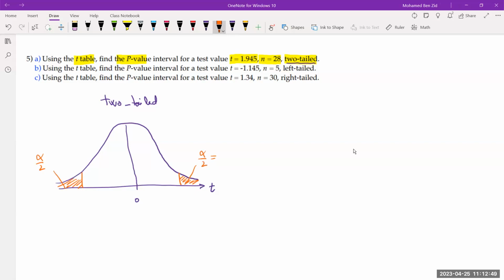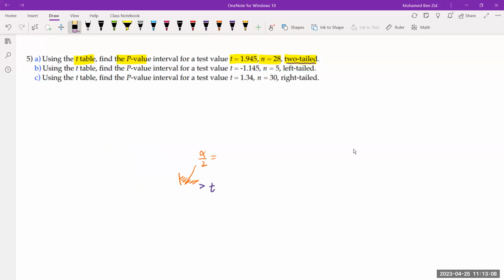That's what happens usually for the 2 tails. I think I started this one wrong. Okay, let me start it again.